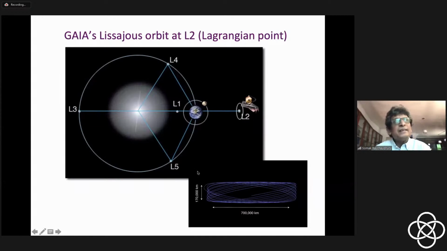You know that ISRO is sending a mission to observe the sun. It will be launched next year in January, called Aditya, and for the first time, ISRO is planning something to go to L1, and it will be there in L1 so that it is not eclipsed by the sun.